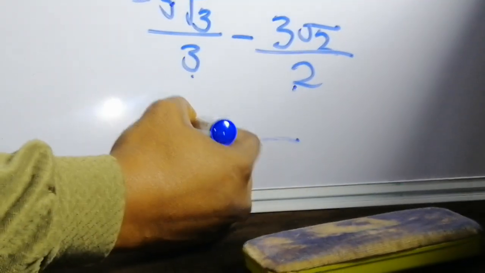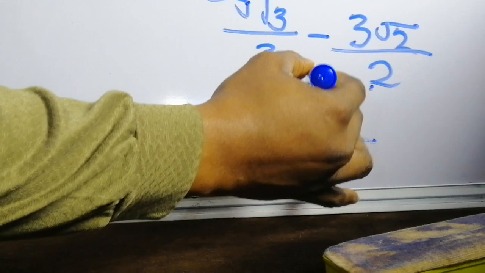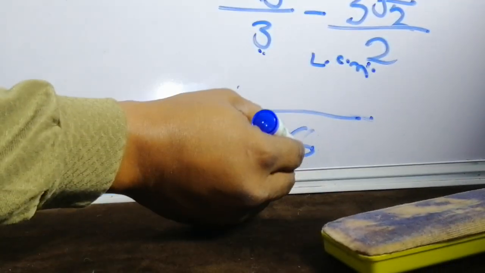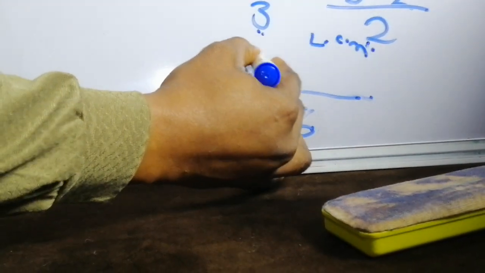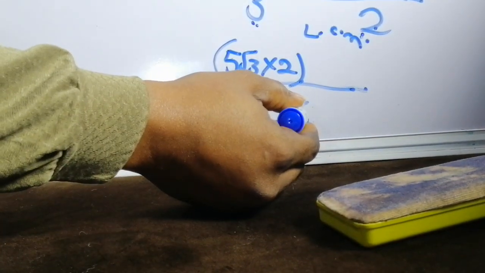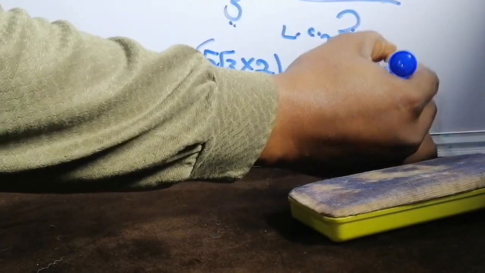Now 2 in 6 is 3, 3 times this, that will now be 3 root 2 times 3.